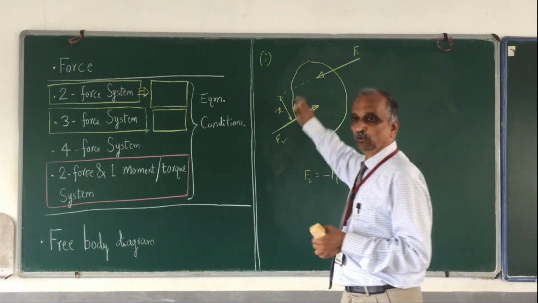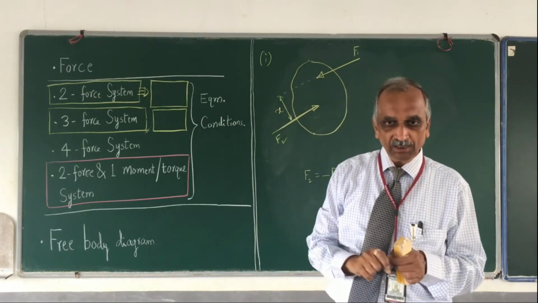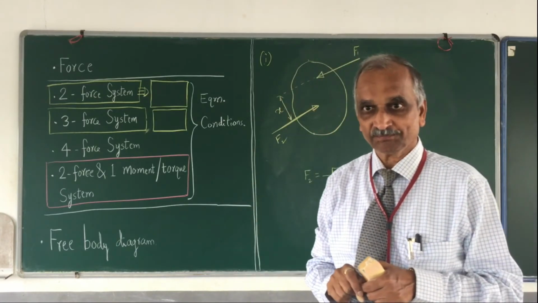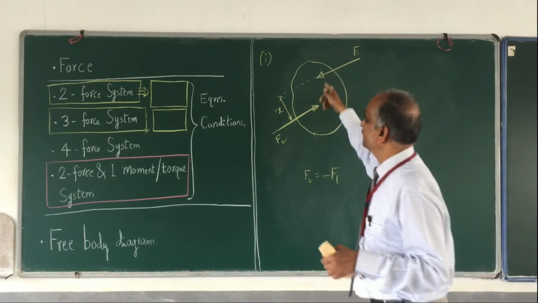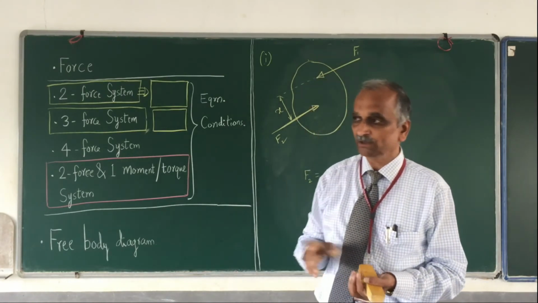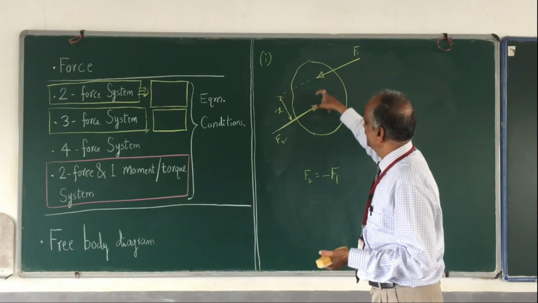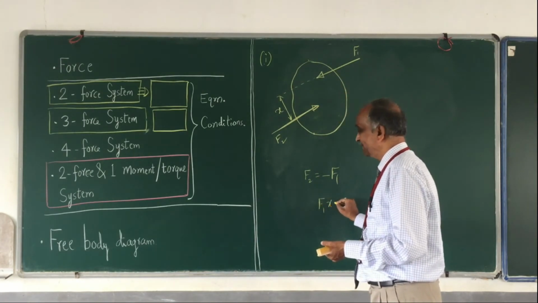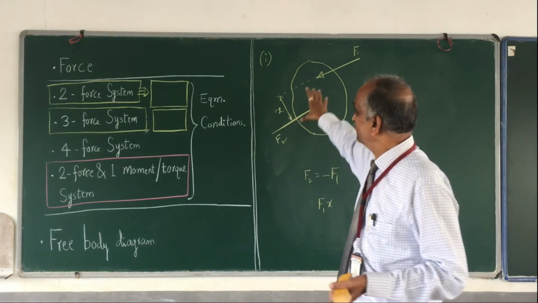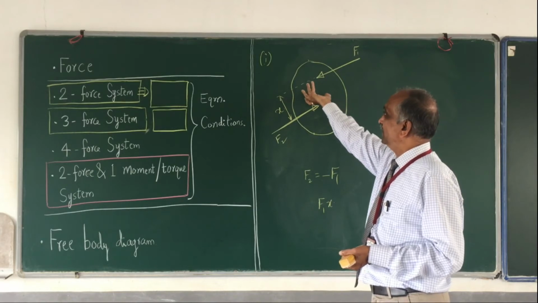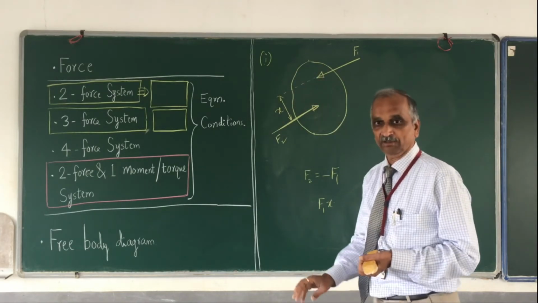That means the two forces are equal, opposite and parallel to each other. The couple formed by these forces, what is the couple now? F1 multiplied by x. F1 multiplied by x is the couple formed by these two forces, and right now in this case it is in the anti-clockwise direction.